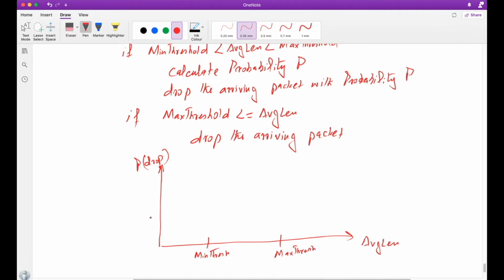Right, and then on the probability axis we have max p, maximum probability p, and then we have probability 1. So what happens here is that we increase slowly the probability of drop, and when it reaches this maximum probability, we start dropping all the packets, and if still the average length is greater than the maximum threshold, all the packets will be dropped.